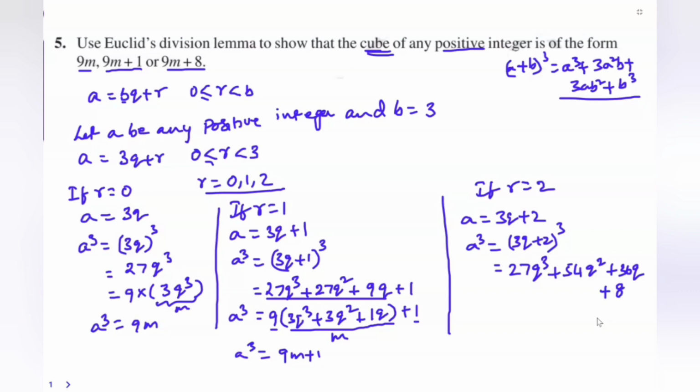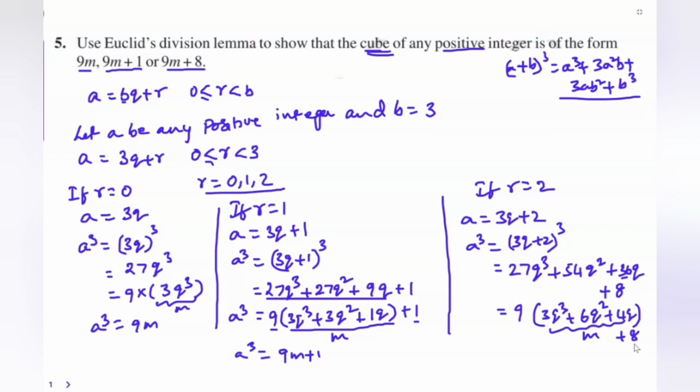2 cube is 8. In the first three terms again I'll take 9 common. If I take this 8, it's okay. Write 9 common: 3q cube plus 6q square, since 9 times 6 is 54, plus 4q, since 9 times 4 is 36, plus 8 as it is. Now this whole part you think of as m.